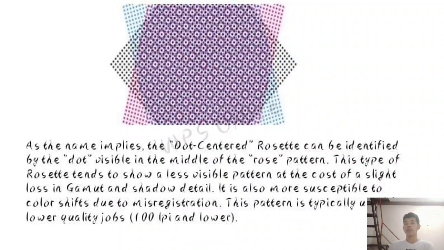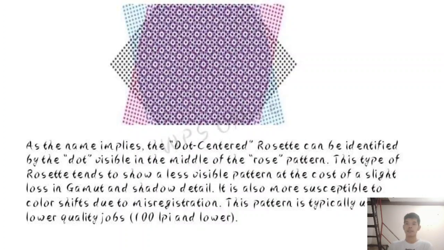So this type of rosette tends to show a less visible pattern at the cost of a slight loss in gamut and shadow details.